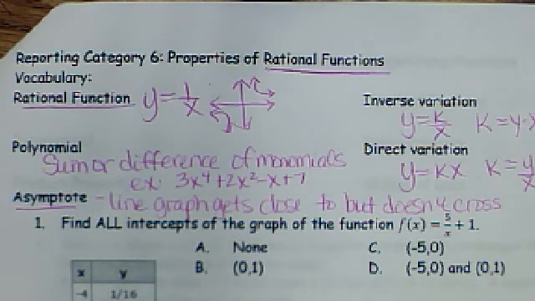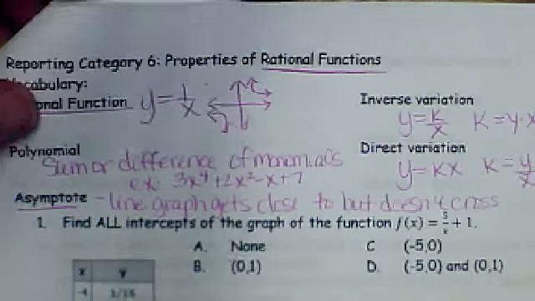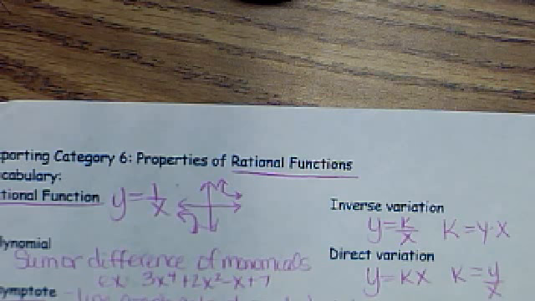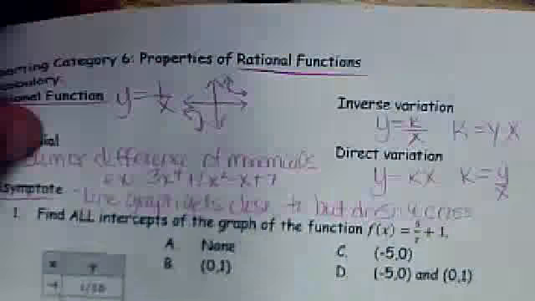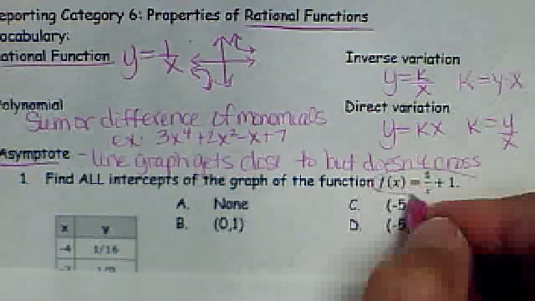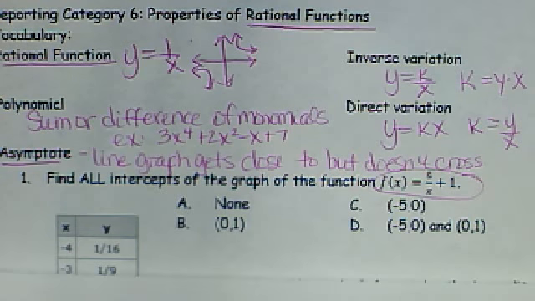Okay, so problem number 1. You need to find all of the intercepts of the graph of the function f of x equals 5 over x plus 1. And we have to find all the intercepts.